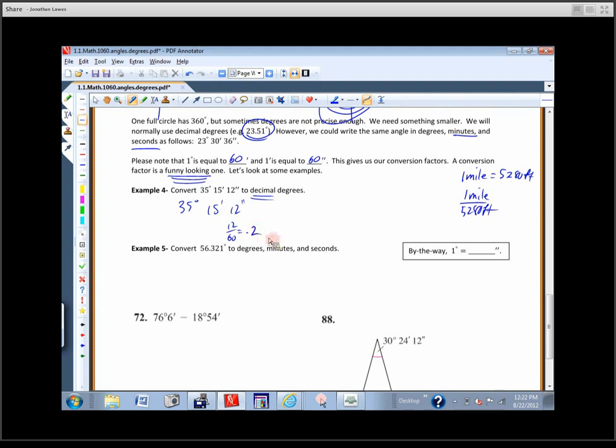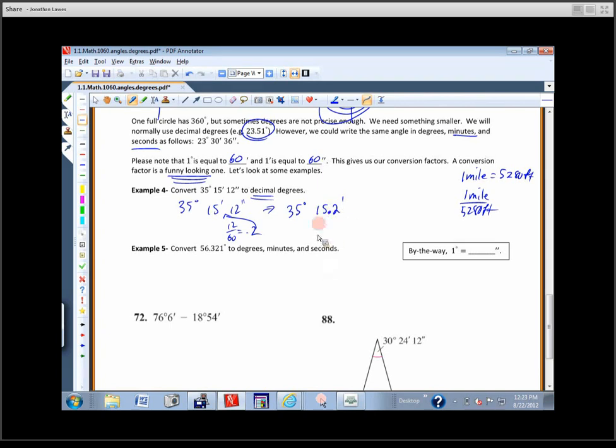So what we do is we then add it to this one. So this is going to be 35 degrees, 15.2 minutes. See how we got rid of the seconds? 12 seconds is the same as 0.2 of a minute, 1/5 of a minute. Now I want to get rid of this.